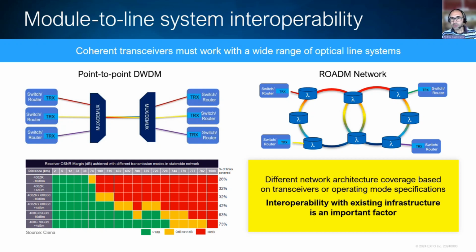They can address different percentages of the links in the field, as the study from Ciena here is showing. So a thorough study and testing in real-world networks is really required to properly assess the needed performance of the DWDM transceiver to maximize the adoption of IP over DWDM in the majority of the network links and topologies.